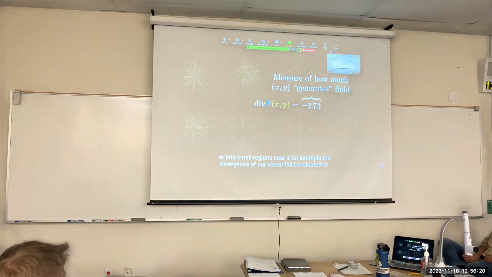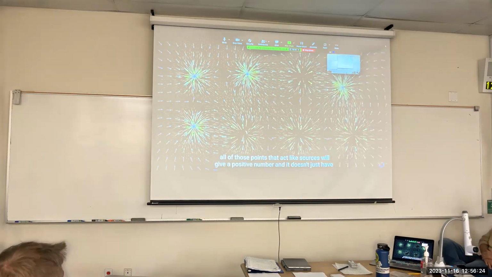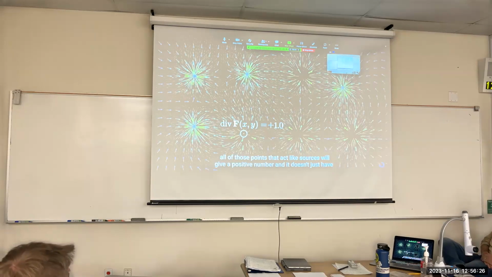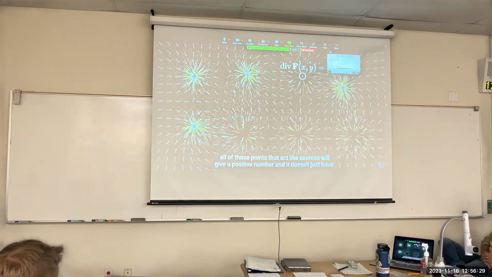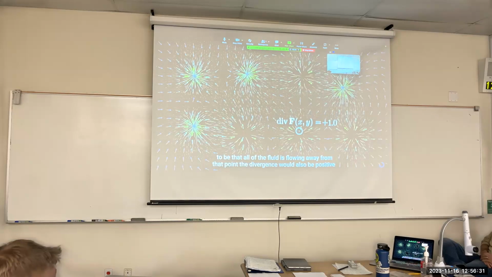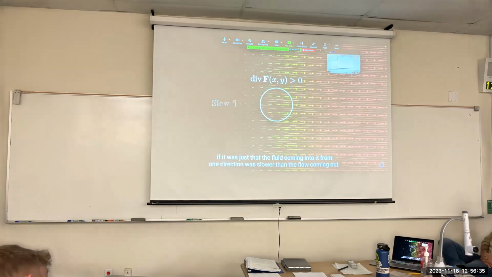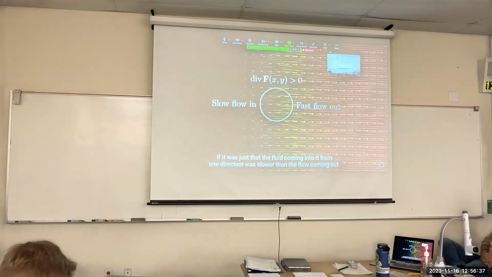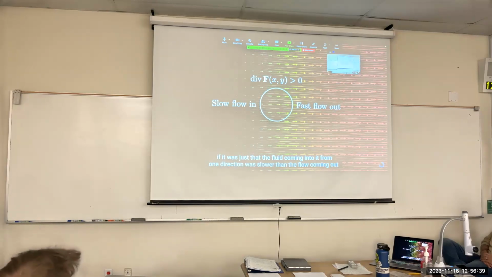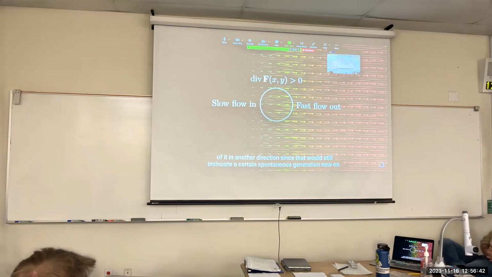For example, the divergence of our vector field, evaluated at all of those points that act like sources, will give a positive number. And it doesn't just have to be that all of the fluid is flowing away from that point. The divergence would also be positive if it was just that the fluid coming into it from one direction was slower than the flow coming out of it in another direction, since that would still insinuate a certain spontaneous generation.